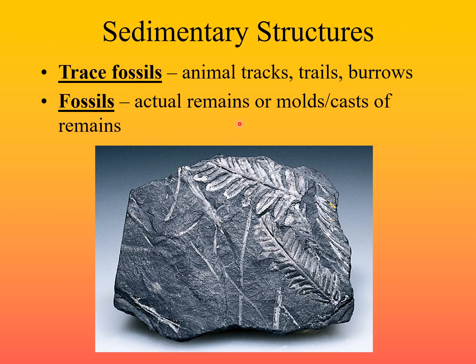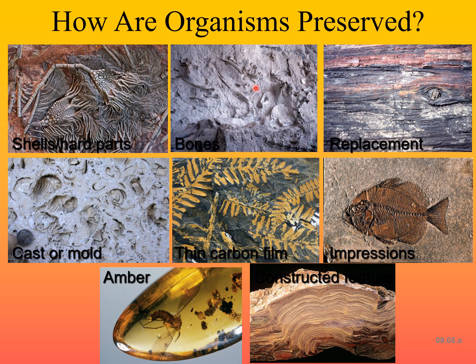And then in sedimentary structures, we can also get trace fossils. These are animal tracks, trails, or burrows. And then we can get actual fossils, which are the remains or molds and casts of the remains of different animals and plants. So let's talk here real quick about how organisms are preserved.